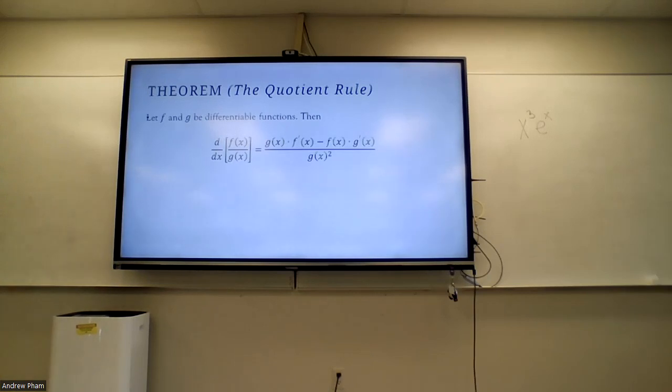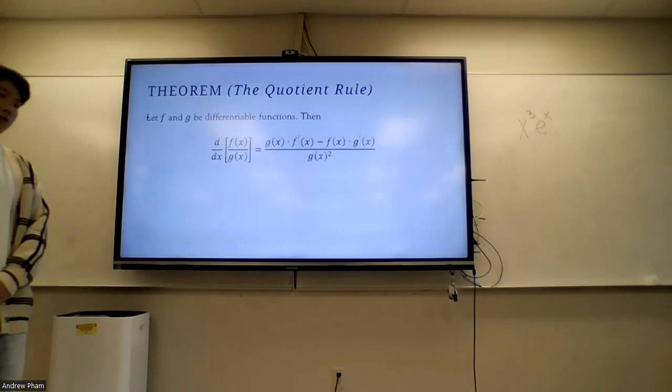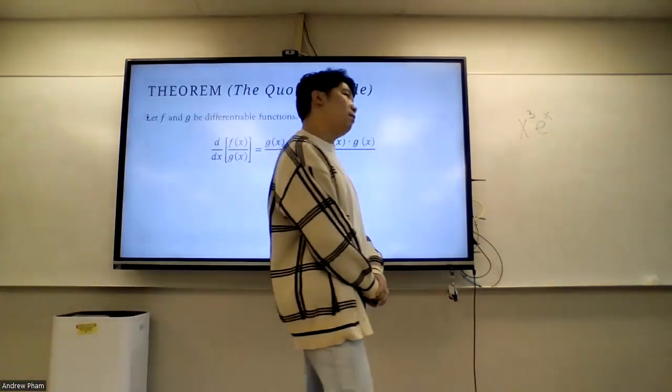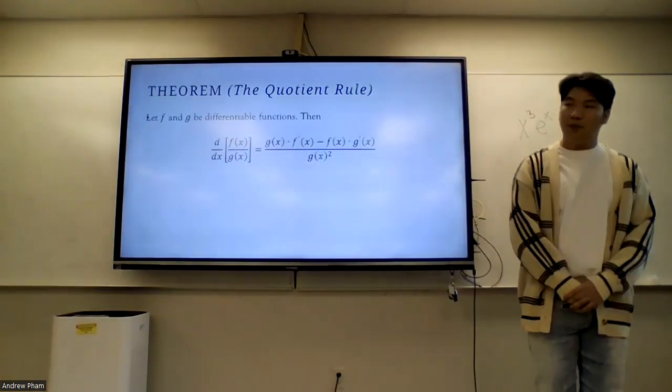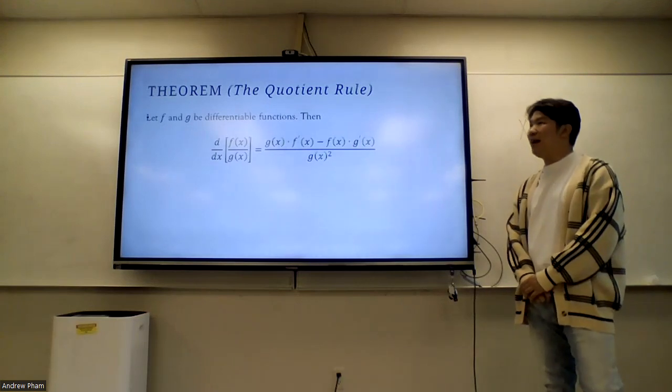Then the derivative of a quotient using f and g is g f prime minus f g prime, over g squared. As you can imagine, it's going to be like the product rule earlier, where I gave you all the formal f and g notation, and then we're going to have an example for it. So I'll give you all some time to copy this down first before I give you the example.